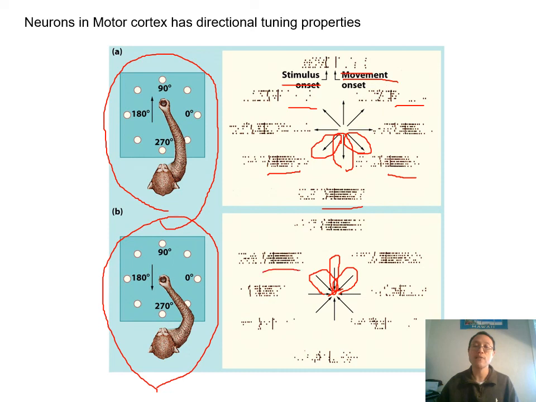But in the opposite direction, when it goes from down to center, which means the movement is going up, you don't see that much activity in the movement onset phase. So this is telling us that one cell has its own preferred direction, and the actual movement in that direction is correlated with the motor output.